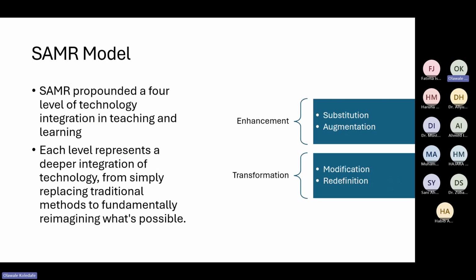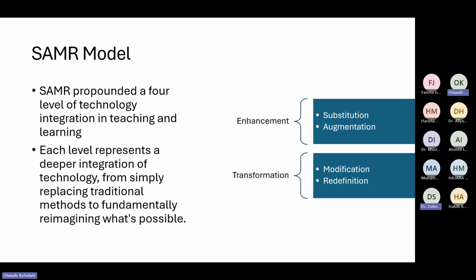Then finally, I want to talk about this phase. I will talk about the SAMR model: substitution, augmentation, modification, and redefinition. So what it does and how it can really guide us into integrating the Moodle learning management system in open and distance learning. The SAMR model propounded 4 levels of technology integration in teaching and learning.